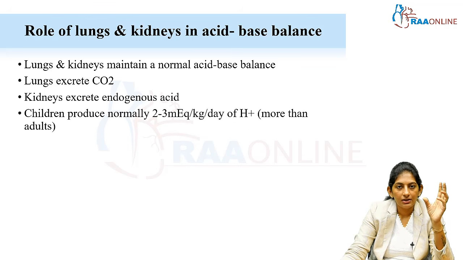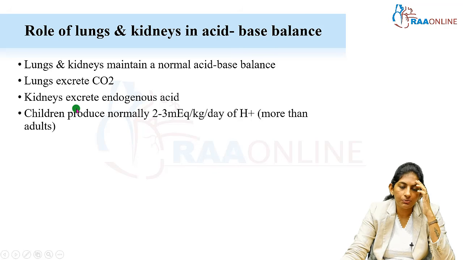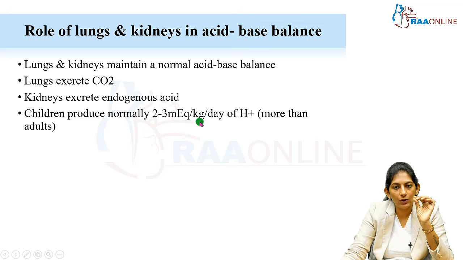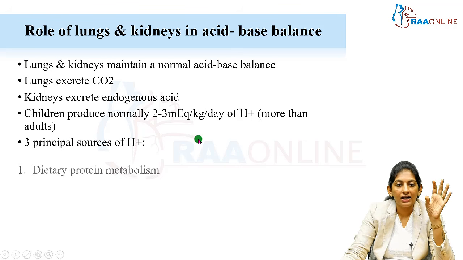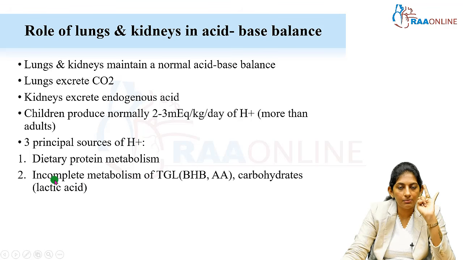Normally children produce more acid load when compared to adults. Children produce around 2 to 3 milliequivalents per kg per day of H plus, which is more than adults. Where does the acid load come from? One, children take a lot of protein, and from dietary protein metabolism, H plus comes. Next, from the incomplete metabolism of triglycerides and carbohydrates, there is an endogenous acid load.